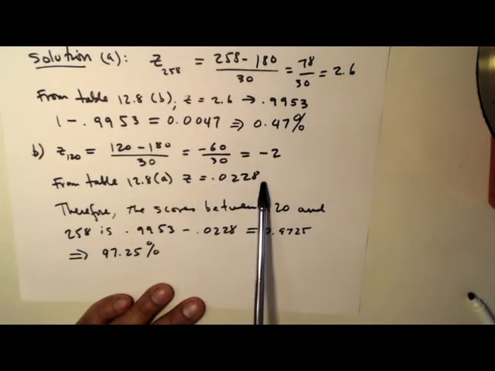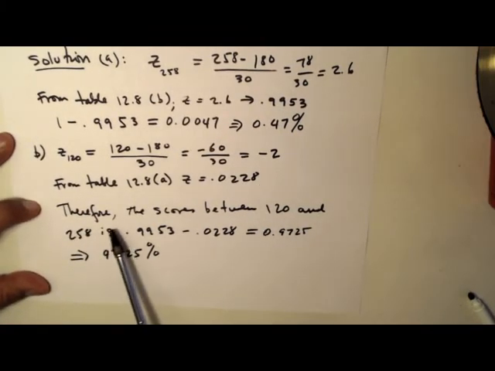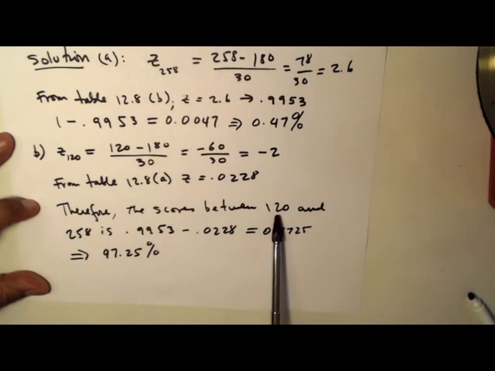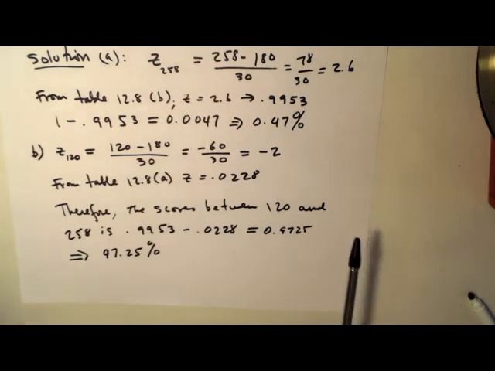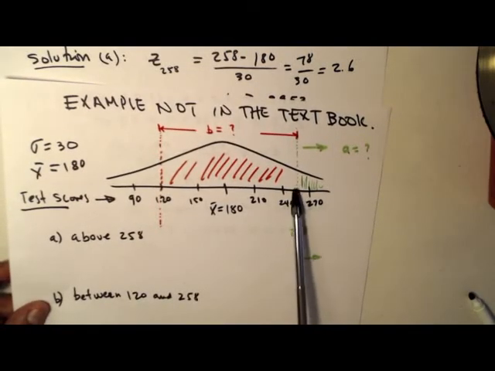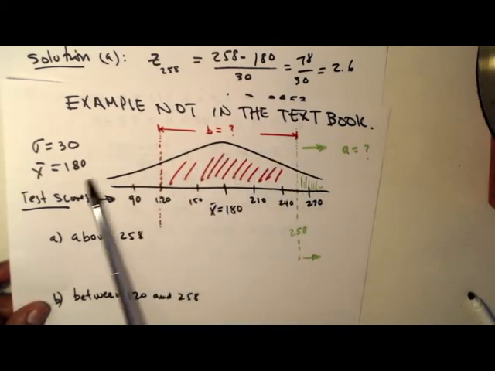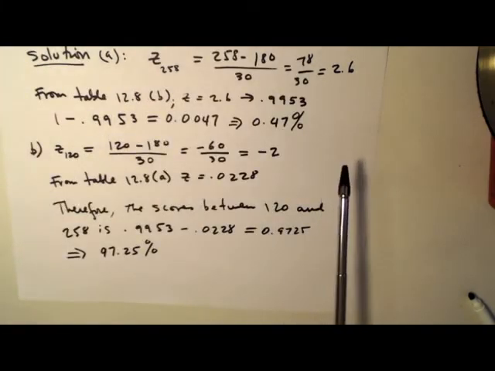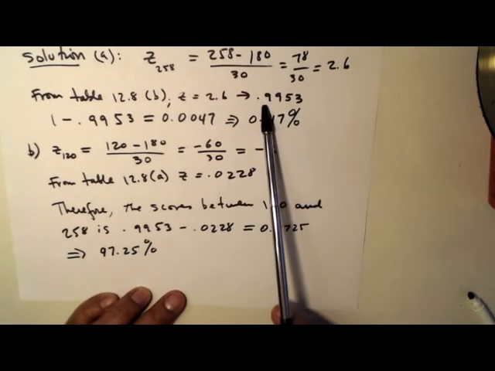And the Z for that value points to 0.0228. So now we need to find the scores between 120 and 258. Remember, for 258 the value was 0.9953.